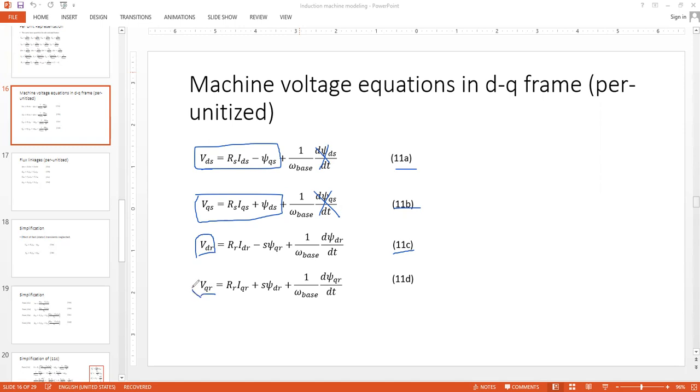Now, what would be their numeric value? Can anyone say? For the rotor circuit voltage of an induction motor, what would be the numeric value of VDR and VQR? Any idea? What should be the numeric value?